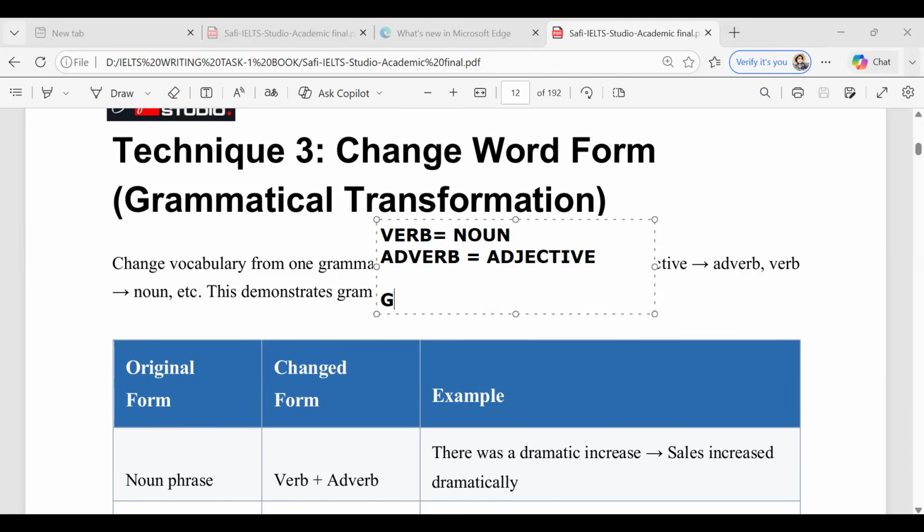For example, if I use any word like decided, suppose.